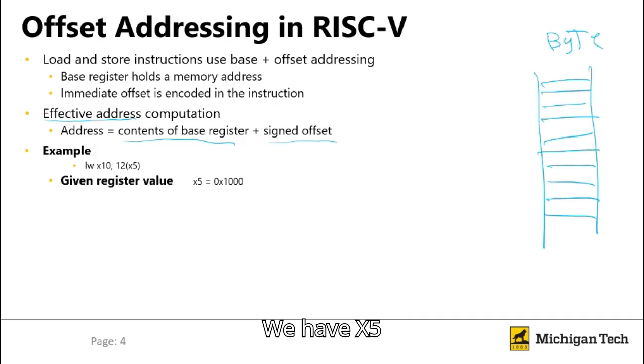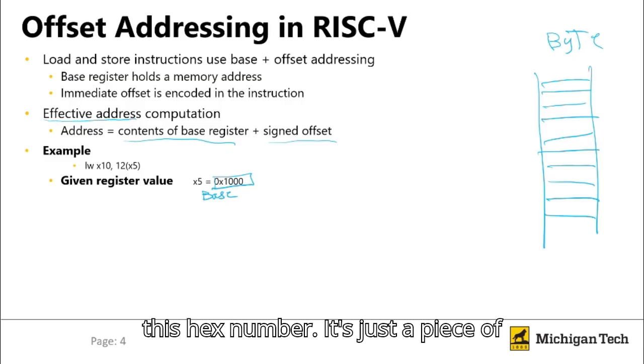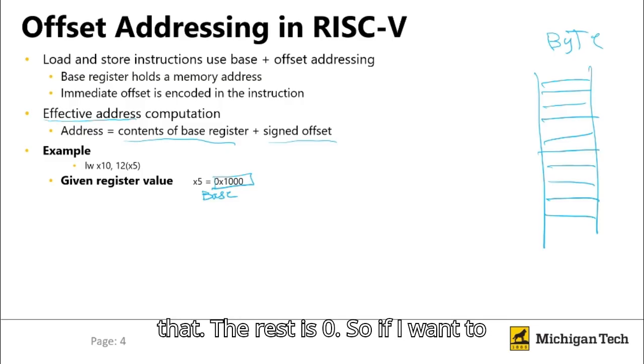We have x5, that is the base, this value inside x5. As you can see, x5 is a double word, but we just put here this hex number. It's just a piece of that. The rest is 0.